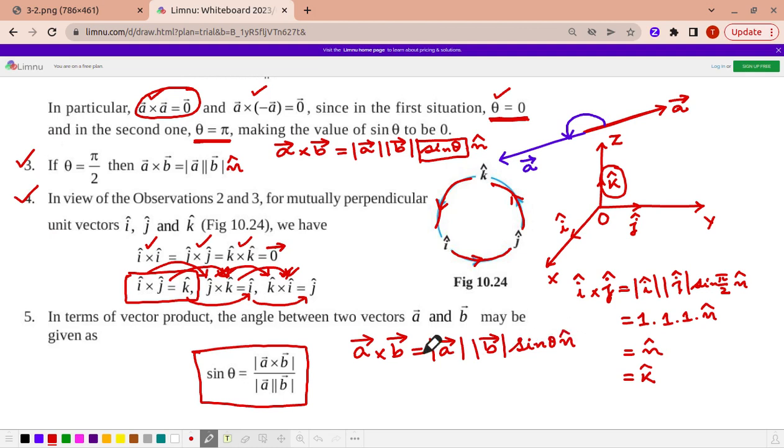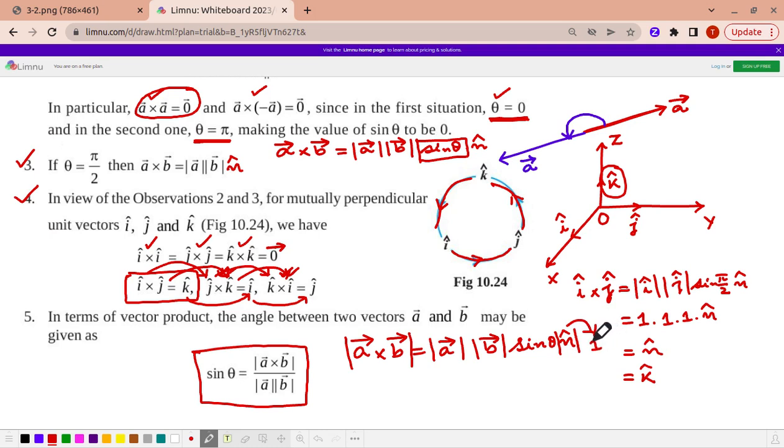Now, let us take a mod of both the sides. The mod of mod a will be mod a only, mod of mod b only, sin theta, we will take the positive value, and the mod of the unit vector will always be 1.